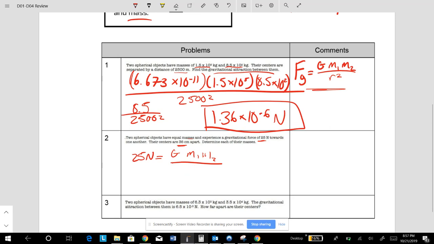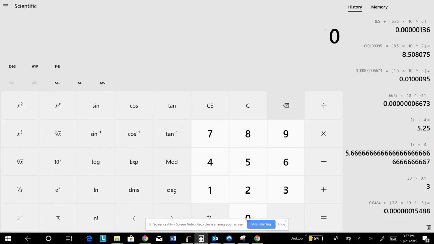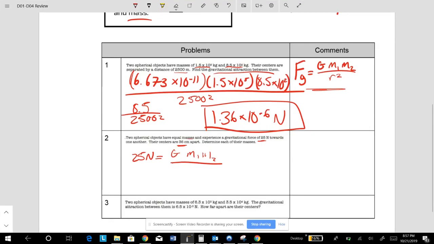So we have 36 squared. 36 squared is 1,296. And so we're going to take that and get rid of it and put it on this side. So we can cross these out.